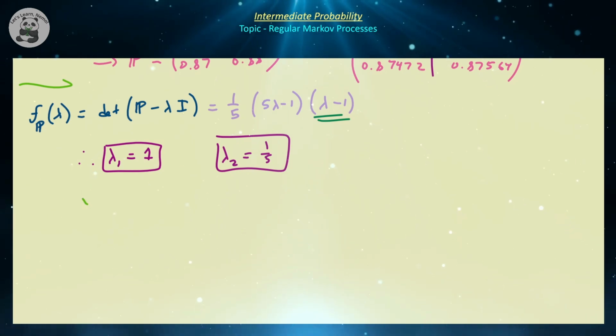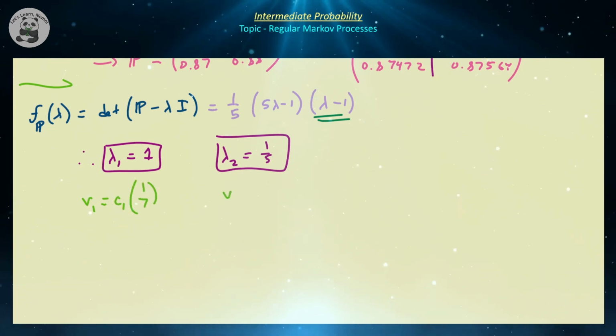If you find the associated eigenvectors, for example, an eigenvector for lambda 1 can be found to be (1, 7), or any scalar multiple thereof. And you can also find that the eigenvector v2 is any scalar multiple of the vector (1, negative 1), I believe. Right? So once you have these two vectors, what exactly can you get out of it?